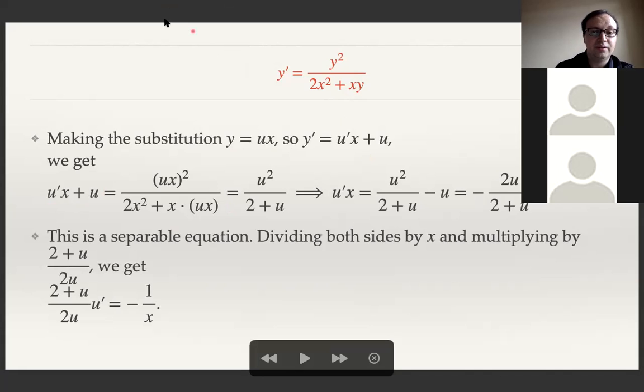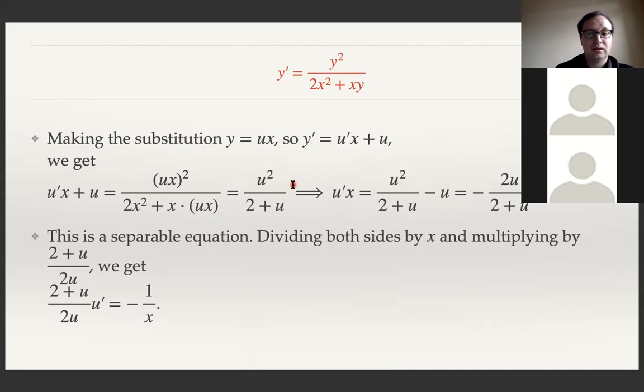what did we have here? So we had y prime becomes ux quantity squared over 2x squared plus x times ux, where the ux comes from the y here in the denominator.